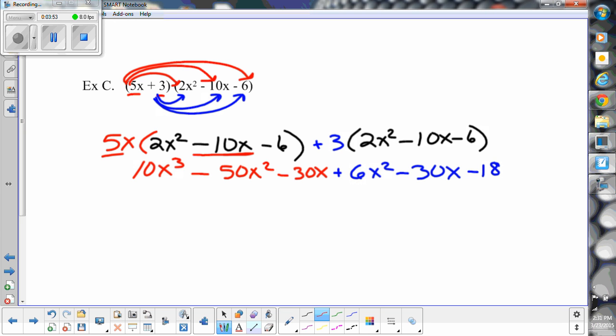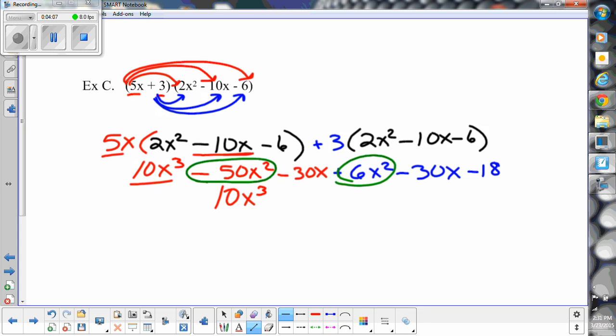So we have one term, 1 x cubed term, that's 10x cubed. We have 2 terms that are to the second power. We have negative 50x squared, and we have a positive 6x squared. So when we add those two together, we get negative 44x squared. And we have 2 negative 30x terms.